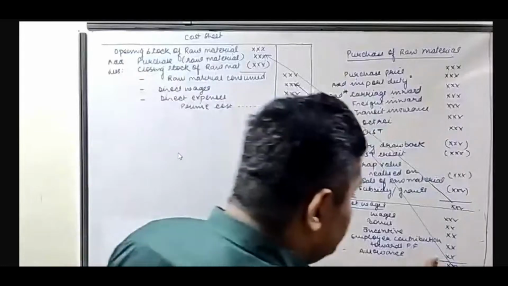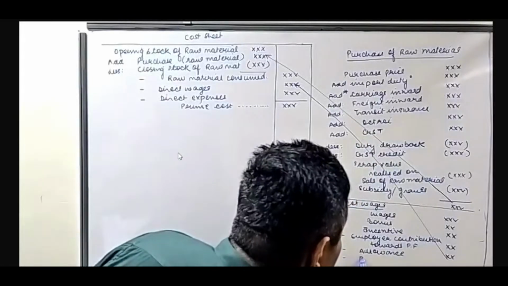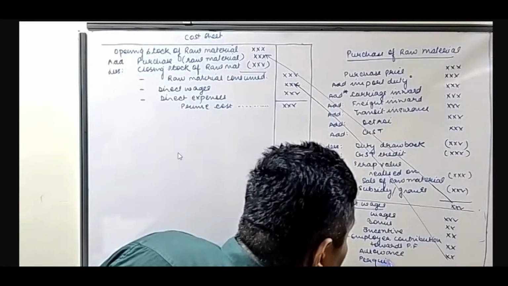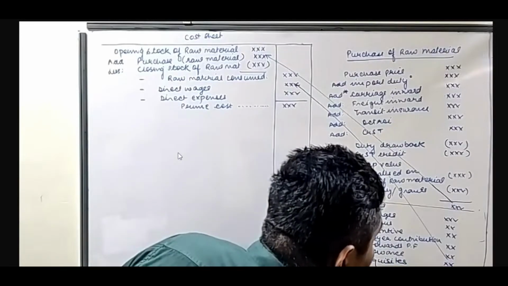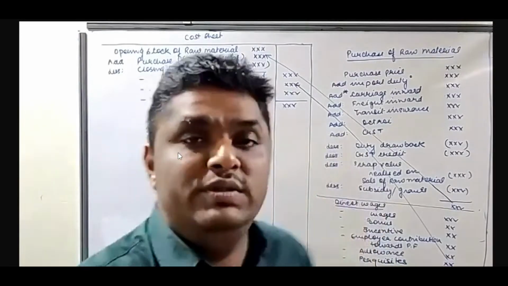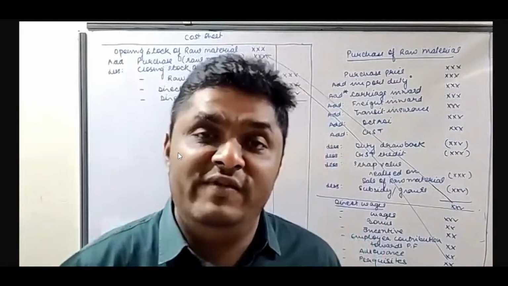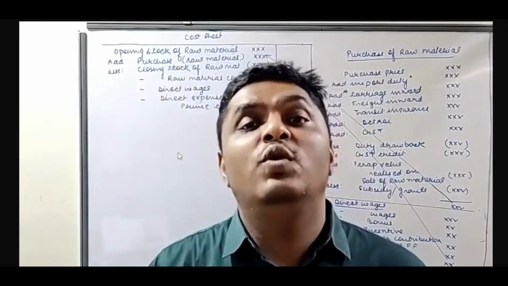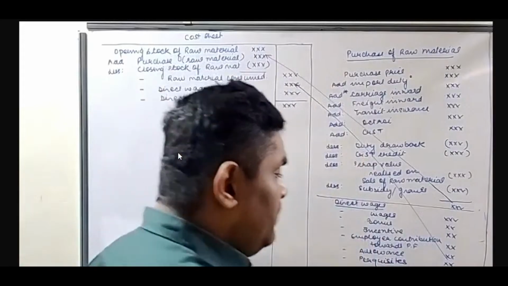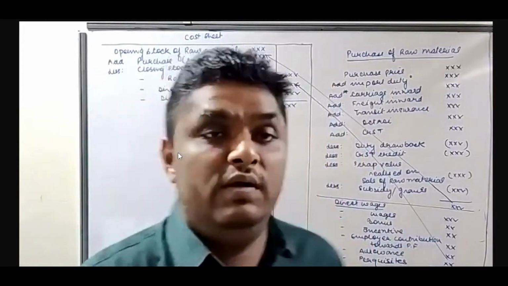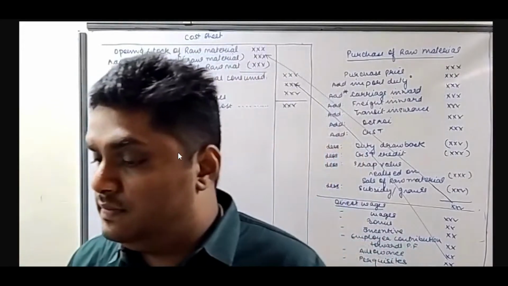We can write perquisites also here. Perquisites means the benefits, that is medical facility, insurance facility, food facility. So whatever benefits are provided to the workers will also form part of the direct wages cost.